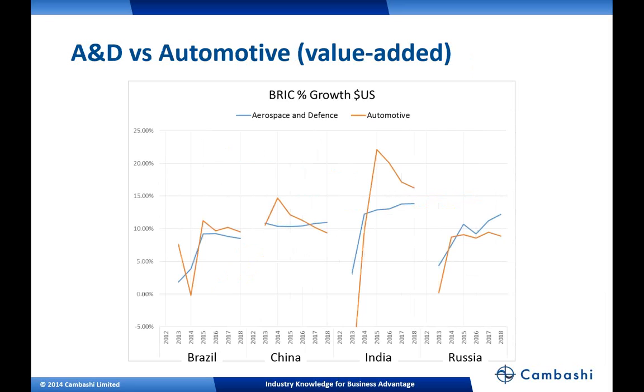And as you can see, there's some pretty different profiles here, but actually there's nothing really in particular that would suggest that there's any reason why aerospace and defence is going up relative to automotive at the end of the period that we're looking at. Indeed, there's still some healthy growths here, in particular in India out towards 2017 and 18.